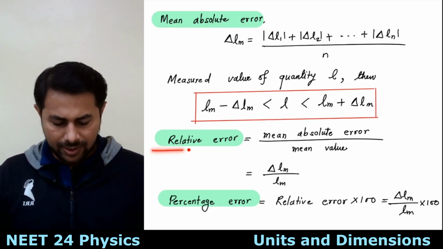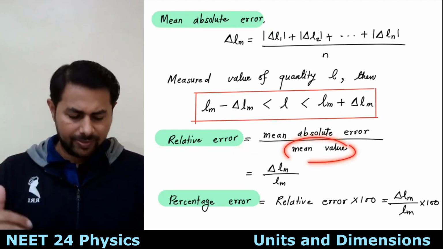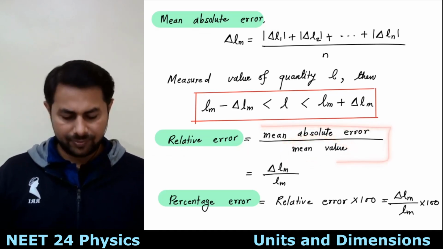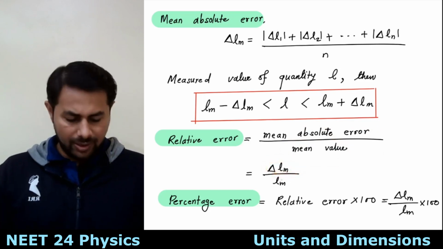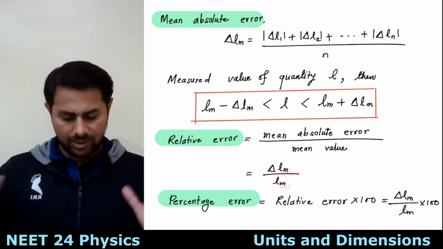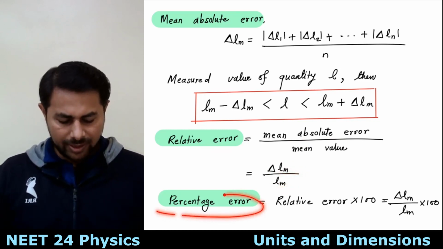The next is the relative error. So just take mean absolute error, divide it by the mean value of a quantity, you get the relative error. Okay, so mean absolute error in length is delta Lm, mean value of length is Lm. So delta Lm divided by Lm is the relative error. Very simple. The next is the percentage error.